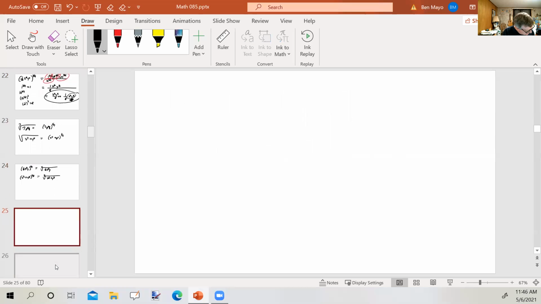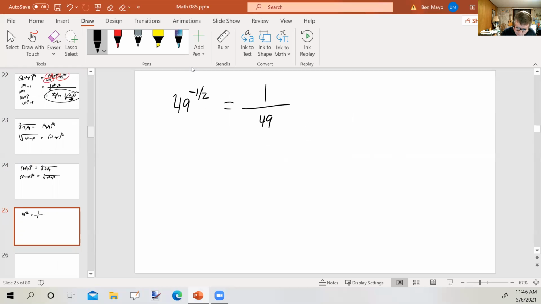Okay. It says simplify each expression. All variables represent positive real numbers, so we don't have to worry about absolute value bars. And here we're going to be working with negative exponents. So 49 to the negative 1/2 power becomes 1 over 49 to the positive 1/2 power.